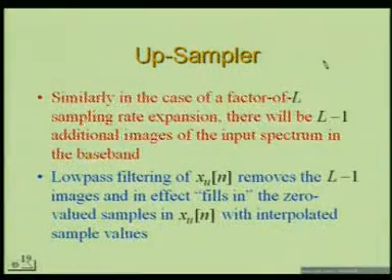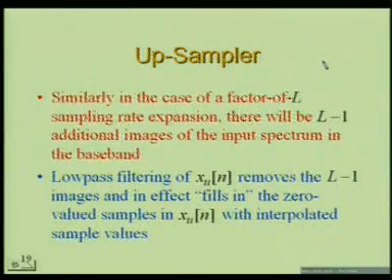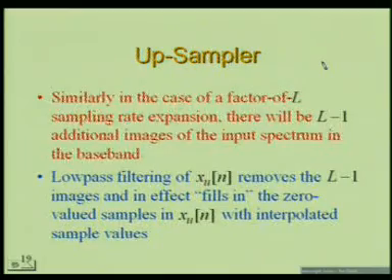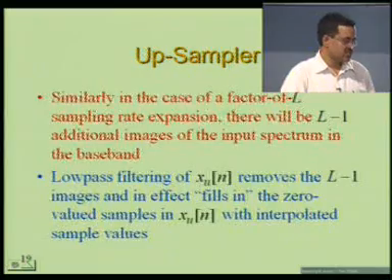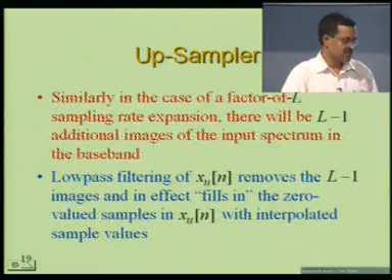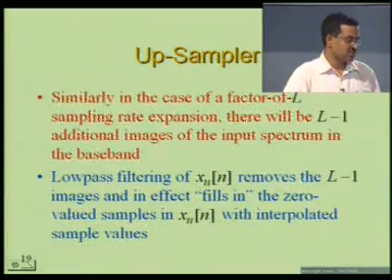Similarly, in the case of a factor of L sampling rate expansion, there will be L minus 1 additional images of the input spectrum in the baseband. Low pass filtering of x_u[n], that is the output from the upsampler, removes the L minus 1 images and in effect fills in the zero valued samples in x_u[n] with interpolated sample values.